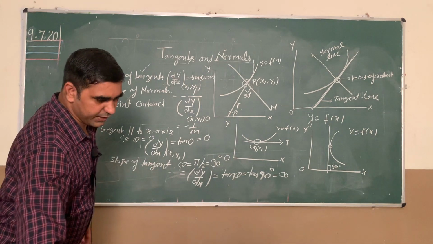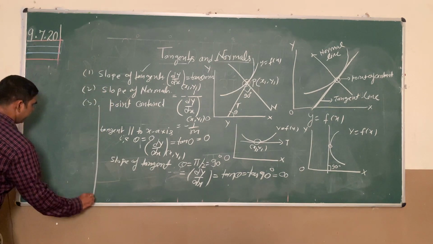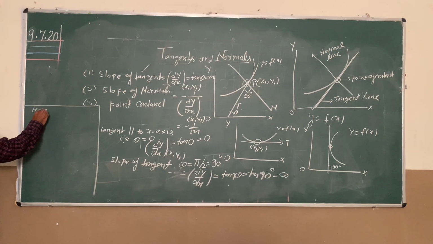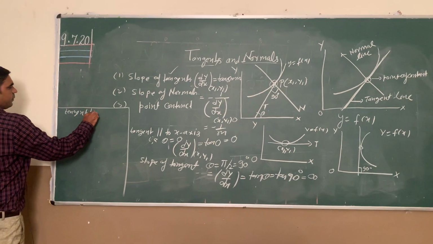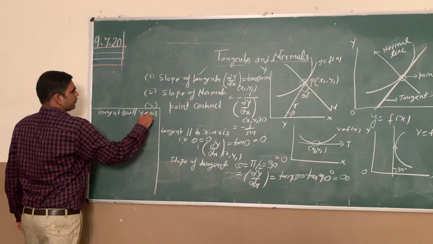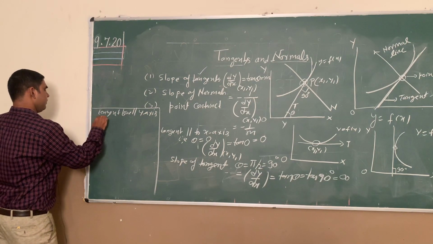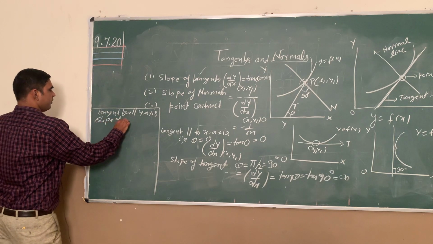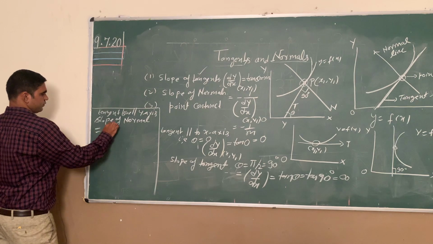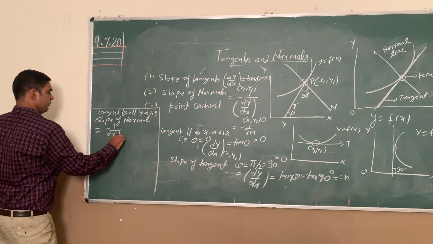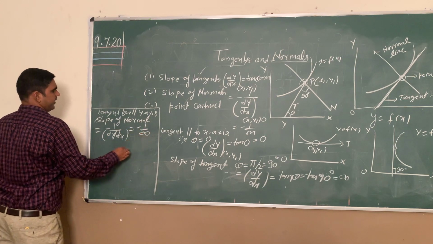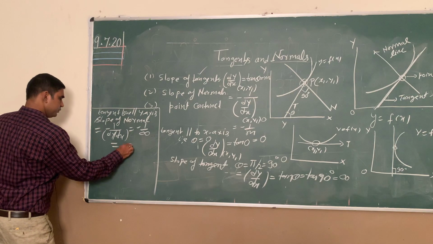The slope of the normal will be equal to minus 1 upon dy by dx, which is minus 1 upon not defined, and 1 upon not defined will be 0.